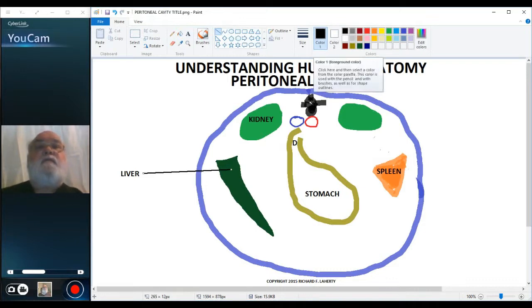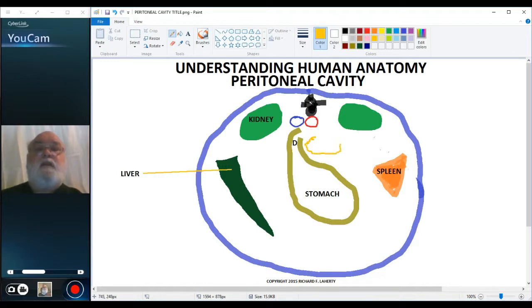Now, another structure that I have to draw in is the pancreas. And the pancreas sits here right at the beginning of the duodenum. And it's also retroperitoneal.